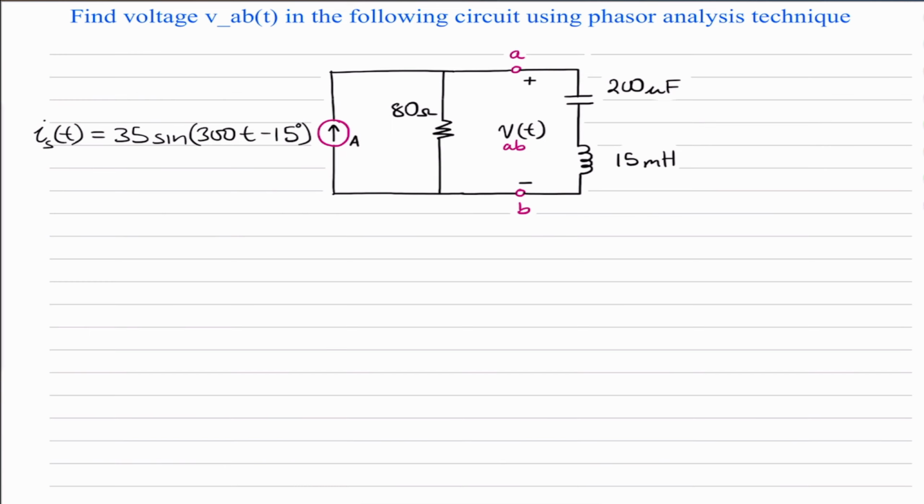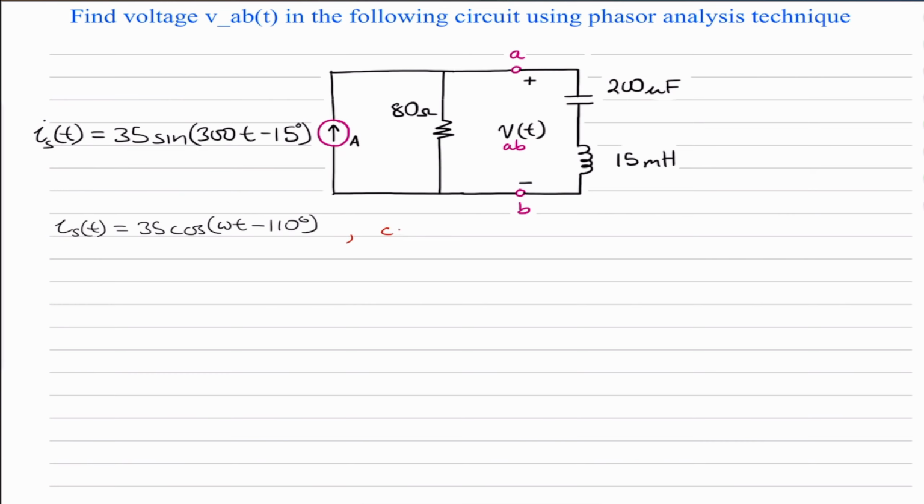So we can achieve that. So I of t is equal to 35 times cosine of omega t minus 110 degrees. Omega is 300.